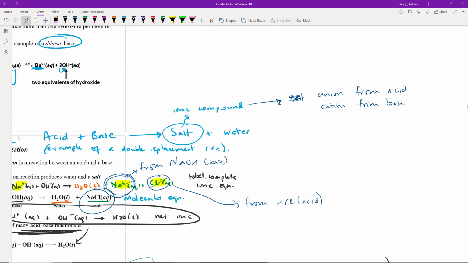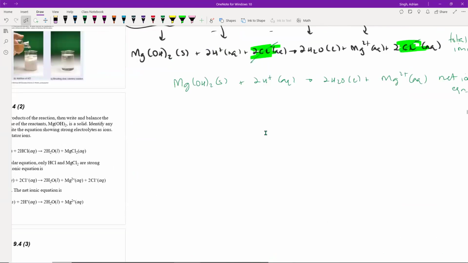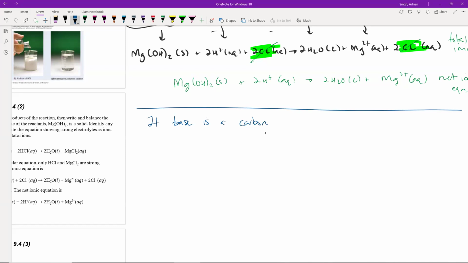The other thing to note when it comes to acid-base neutralization is that sometimes, depending on what the base is, if the base is a carbonate or bicarbonate, you get an additional product, CO2.